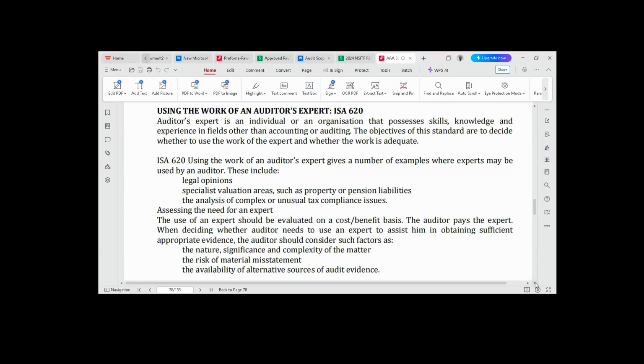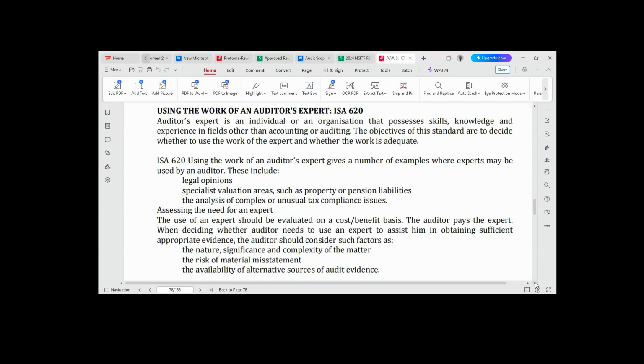So we need to understand that whoever you are going to seek advice from as regards the contingent liability is someone that understands the nature of the liability. The person should understand the significance and the complexity of the liability.